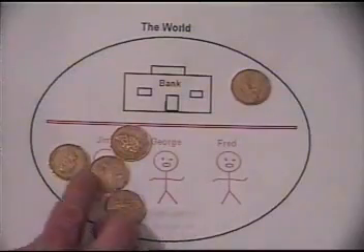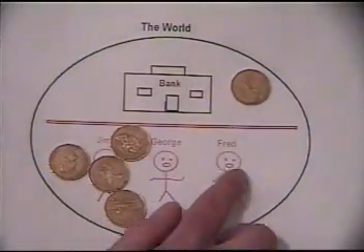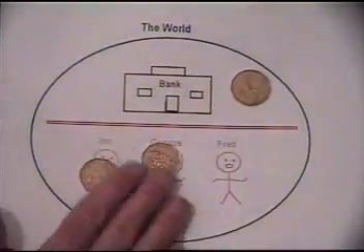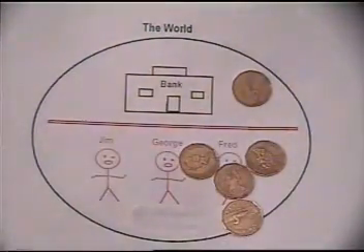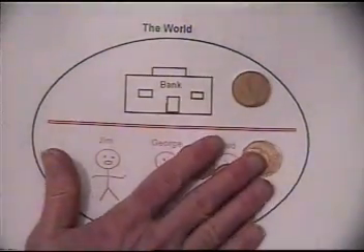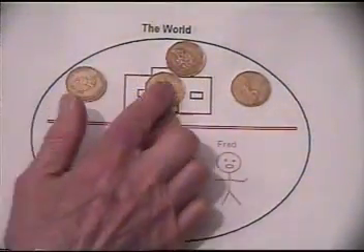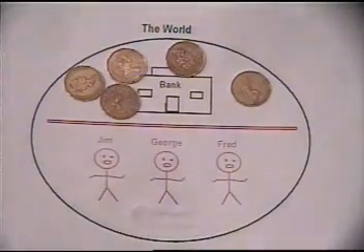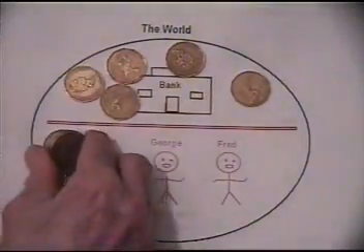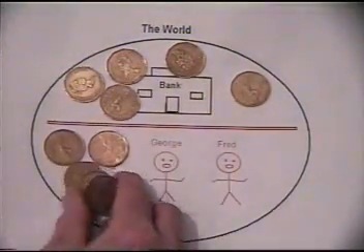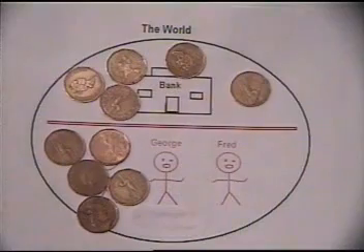Now, Jim goes back to Fred just like George did, and he buys the flour from Fred. Now Fred decides once again that he's going to keep his money in the bank, so he puts his $4 in the bank. And now Jim, because he's been so smart and making all that bread, makes $1, $2, $3, $4, $5 for selling bread.